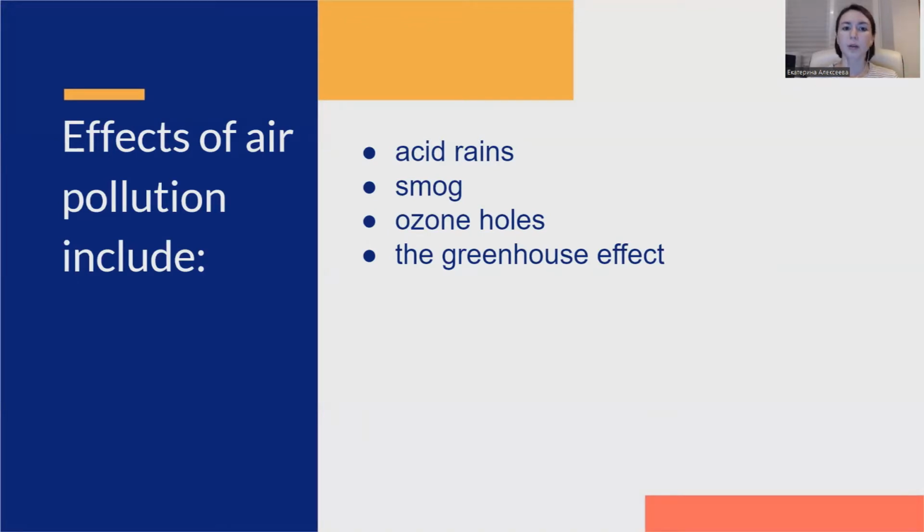Let's start with acid rains. Acid rain is precipitation with a low pH level. Acid rains contain sulfuric acid, which is formed in an atmosphere polluted with sulfur oxides as a result of burning sulfated coal, as well as nitric acid formed from nitrogen oxides.